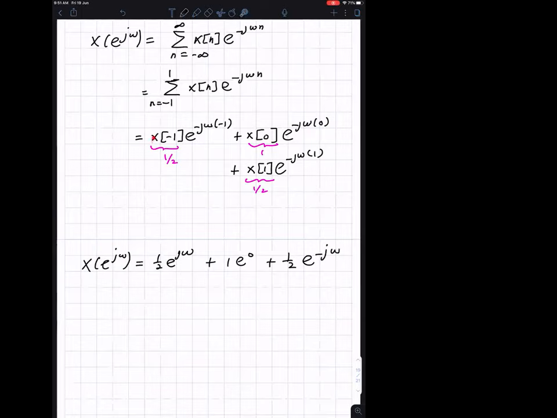Okay, this part here, 1/2, and this one, minus minus becomes positive. At 0, the amplitude is 1. E to the power of 0 times j omega becomes 0. E to the power of 0 is also 1. Okay, so this is a 1.